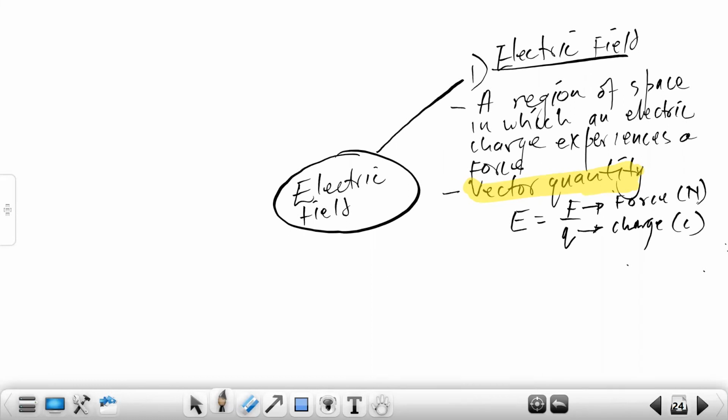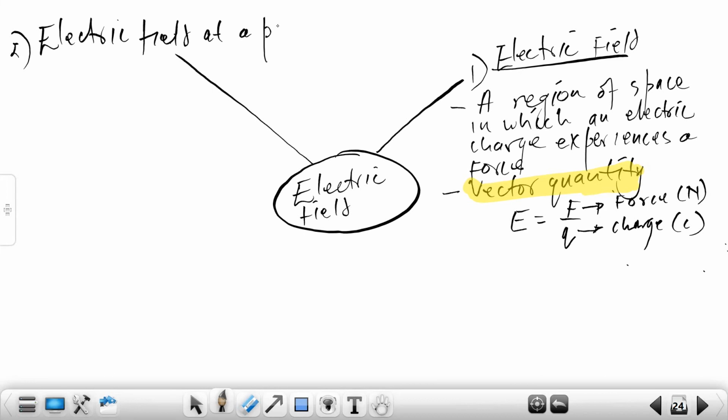And then we move now to number 2. Number 2 is electric field at a point. So electric field at a point. We also need now to know the definition thereof. What is the definition?